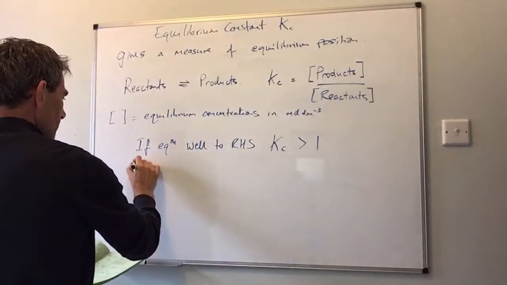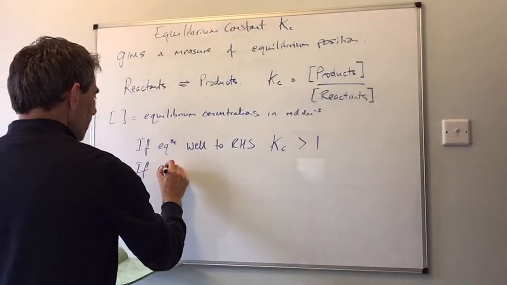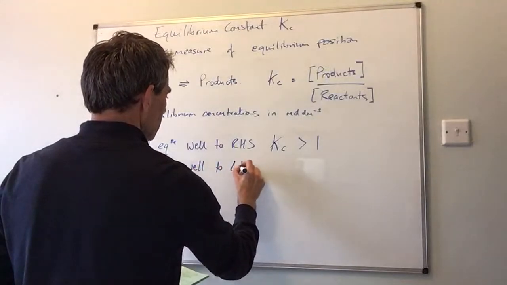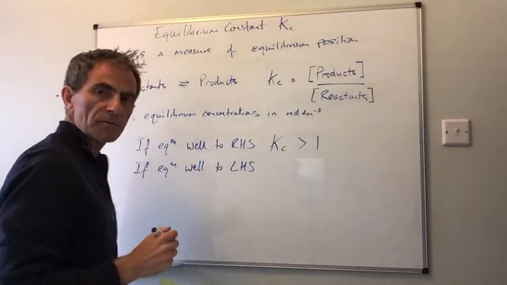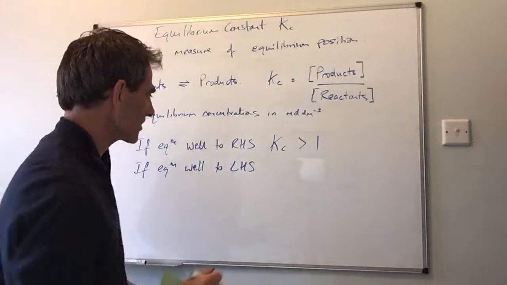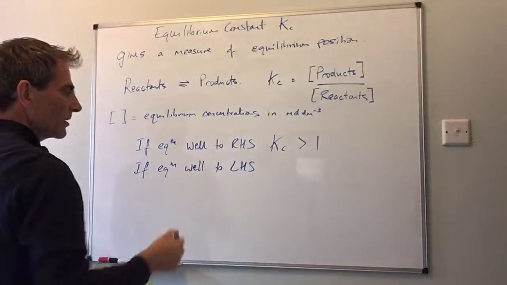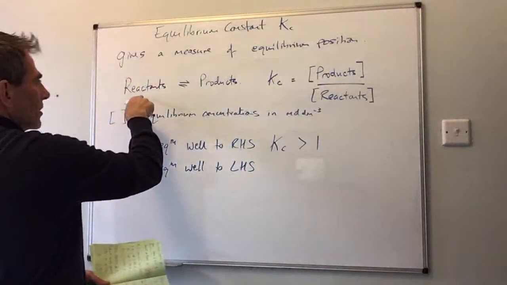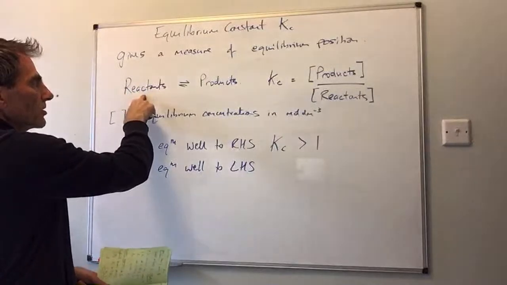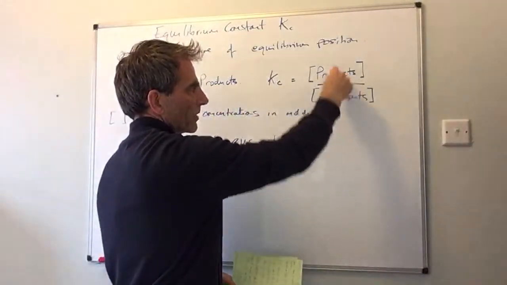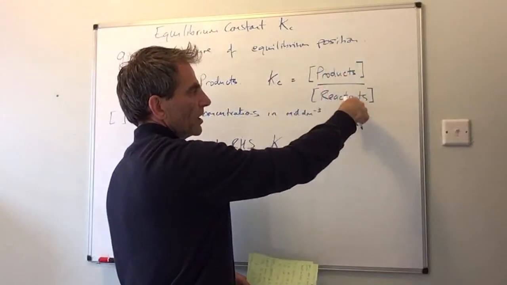That was actually asked a couple of years ago. They used that double greater than sign. Okay, so let's just do the flip side of that. If the equilibrium is well to the left hand side, that means it's more this way. The reactants concentration is going to be way higher than the products concentration. So think of it as a fraction, that's the bigger number now.